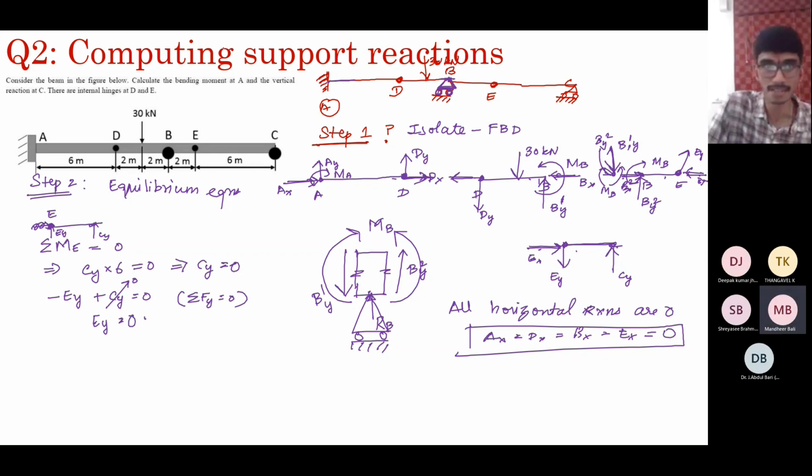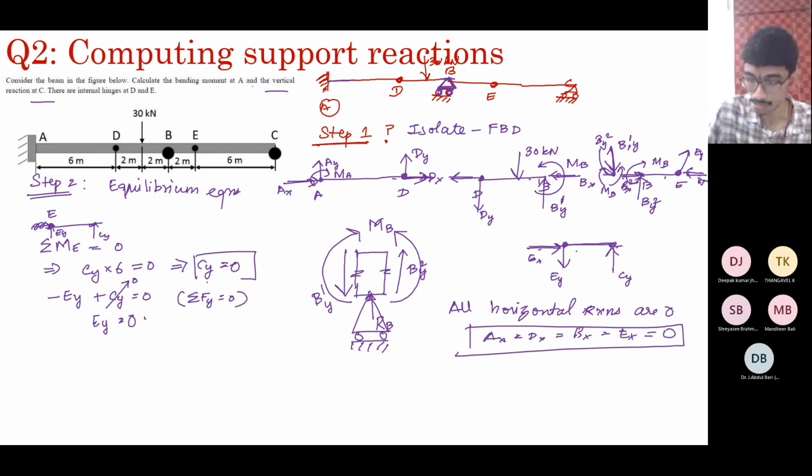Now what is asked here? They're asking the vertical reaction at C. So CY is equal to 0 is one thing. Then we have to find A. Now EY is 0. Now consider the next span, this one, BE.